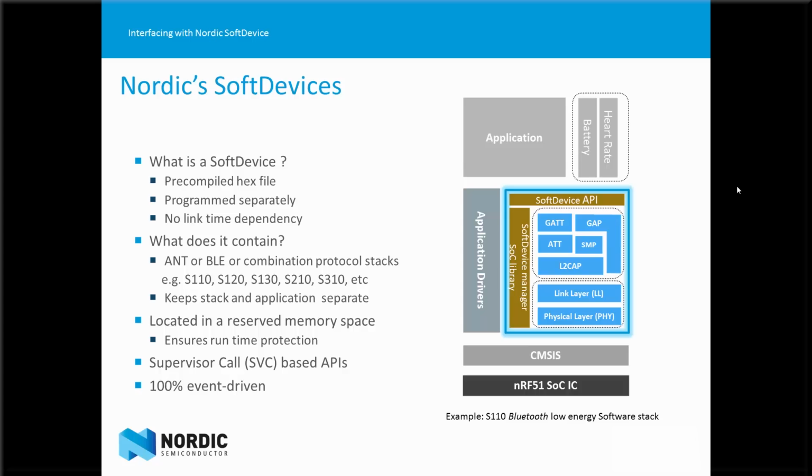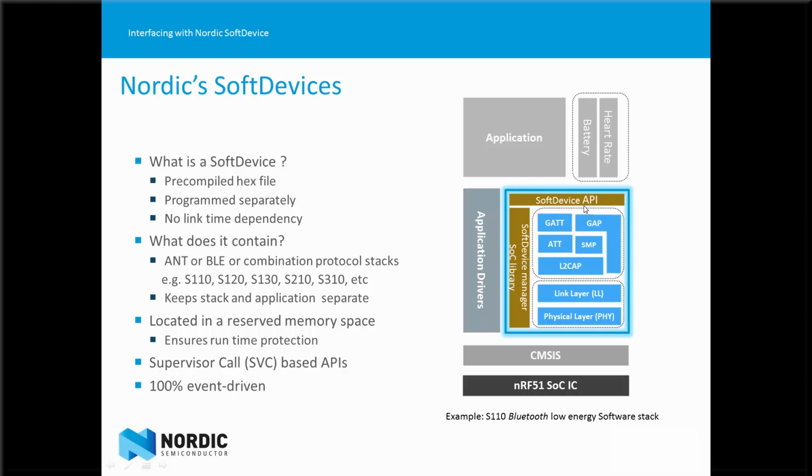By having that, we can keep the stack and application separate, and you don't have to worry about the SoftDevice or the radio stack. You just focus on your application and how to interface with the SoftDevice. So you have this blue part here, which is the actual SoftDevice. This is an example of the S110 Bluetooth Low Energy software stack.